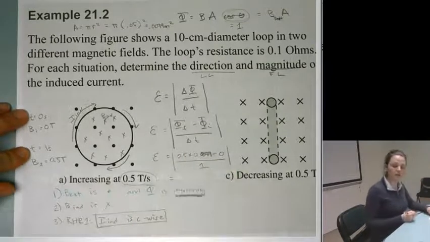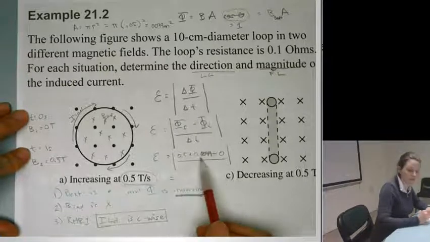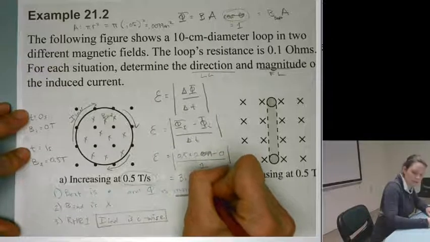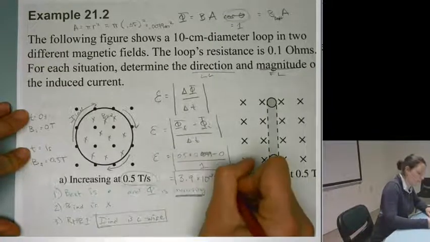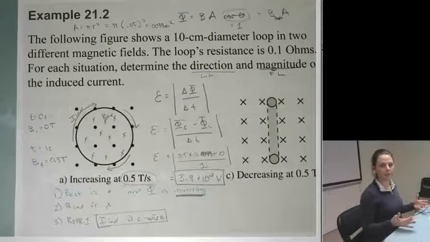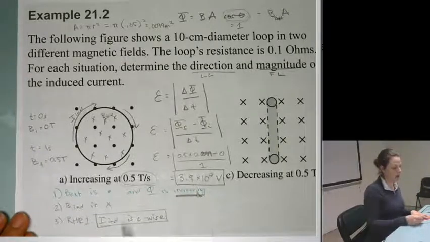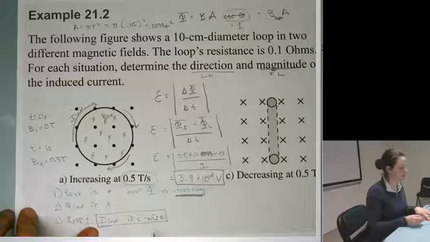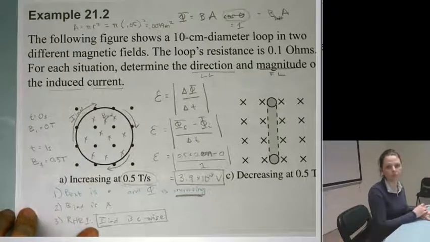So the induced EMF is whatever these two numbers are multiplied together, which I wrote to be 3.9 times 10 to the negative third. Now we've figured out the magnitude of the induced EMF, and we figured out the direction of the induced current, and all that is left is to figure out the magnitude of the induced current, which is what we need as our final answer.